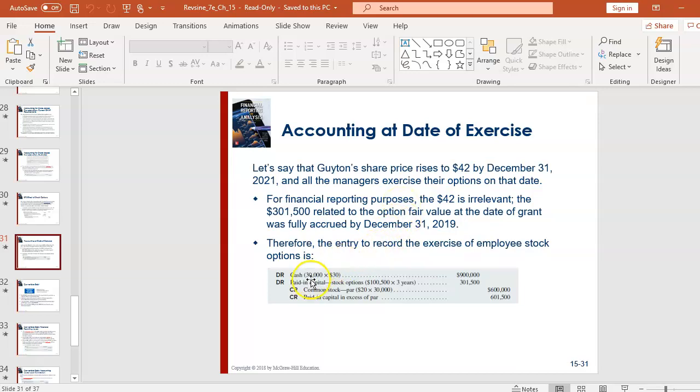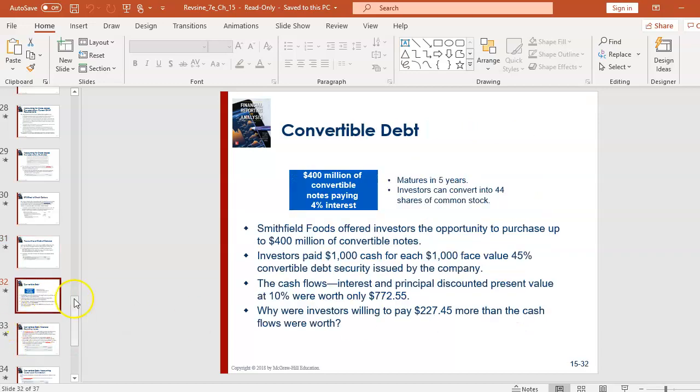So down here, we're debiting cash when the options are exercised. Employees are buying them at a bargain, $30 when they're worth 42. And you can see it's $900,000. We had the 301,500 from the previous journal entry. We credit common stock at par, $20 par at 30,000, and we get a credit to paid-in capital for the difference.